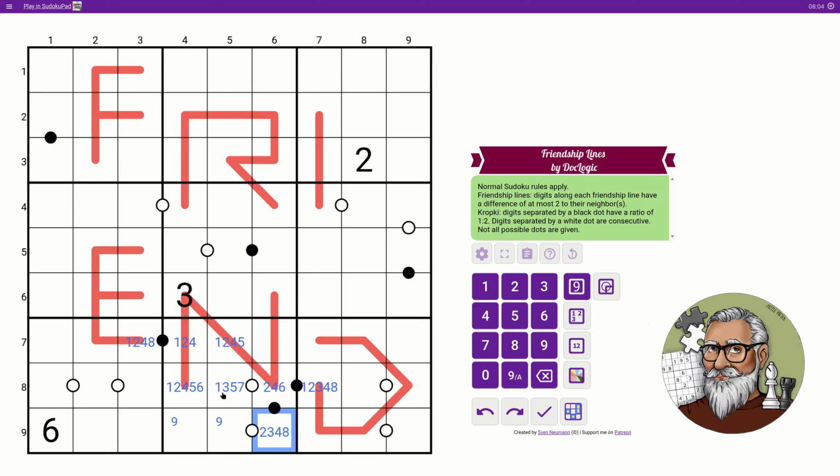Because if this isn't 8, this can't be 8, right? So one of these two is an 8. Or that one. But if this isn't an 8, then one of these is an 8. This can't be 9, so this one has to be 9. So this one has to be an 8, right? But then we still need the 7, so this has to be 7 and 6. And this would have to be 3.